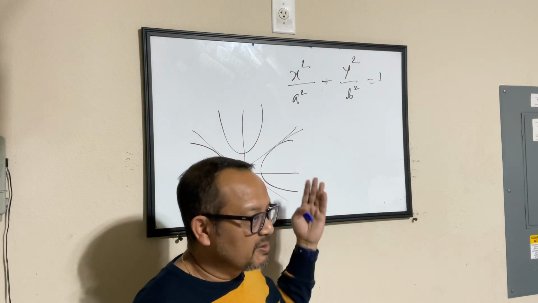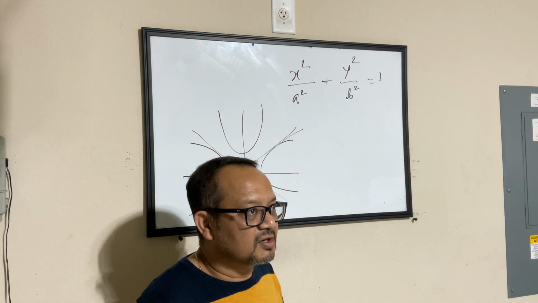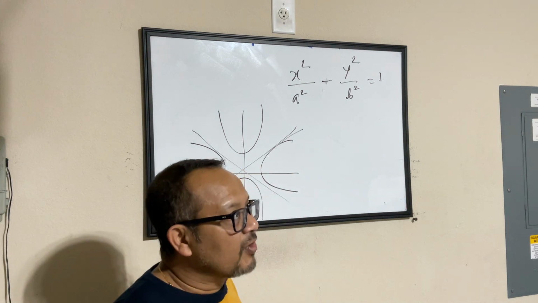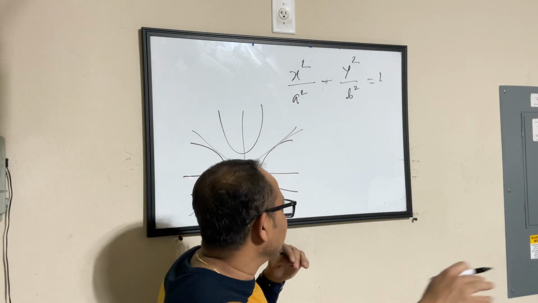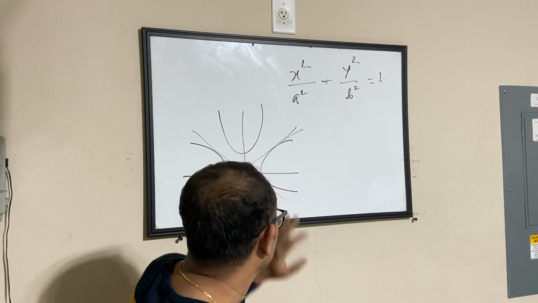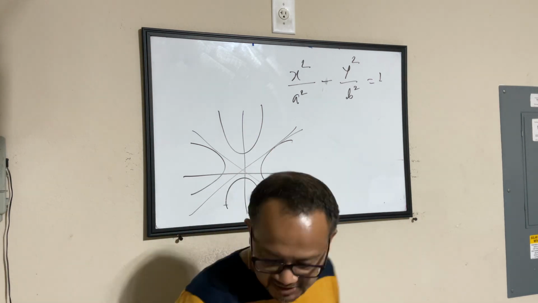That will be my vertical asymptote, and the value of y for which x starts moving towards infinity will be my horizontal asymptote, as we have learned before. But we are just trying to relate it here.